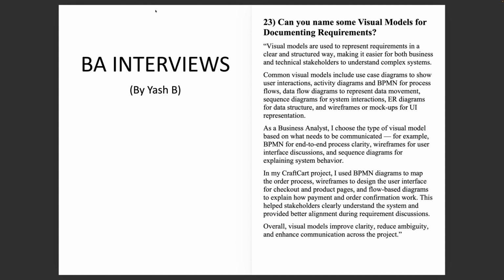Visual models help explain requirements using diagrams and visuals. They make complex systems easier to understand for both businesses and technical teams.